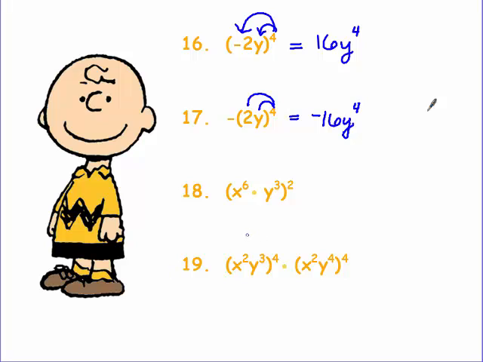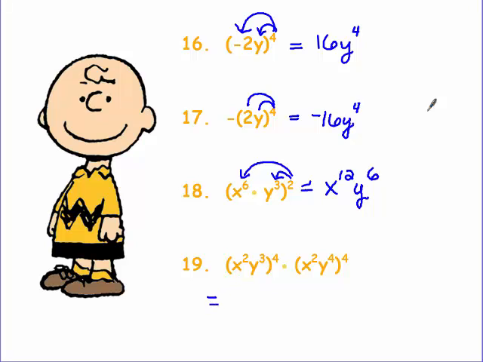Number 18. x to the 6, y cubed, the quantity squared. You give it to each term. x to the 12th, y to the 6th. Now when you get down to number 19, there's two different parts. I would simplify this part, I'd simplify this part, and then I would combine the two together.